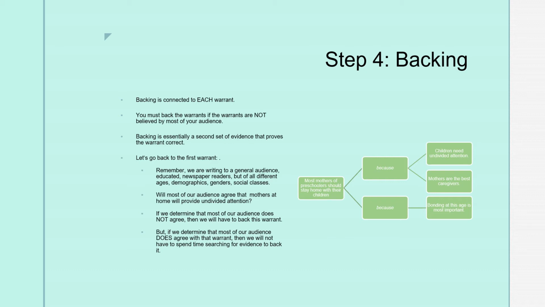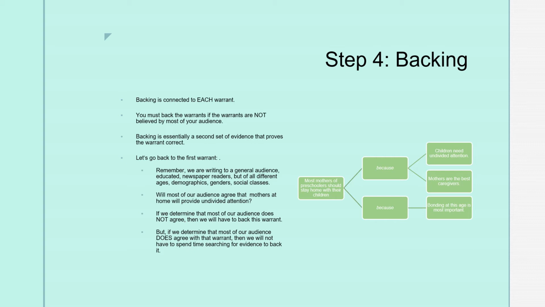Even though the warrant is unstated, we find the warrant, we actually state it, not in the essay itself, but in our thinking about the essay, particularly in thinking about our own writing. All of this is to prove our point, to argue our position, to make others believe us, to convince or persuade them to agree with us.